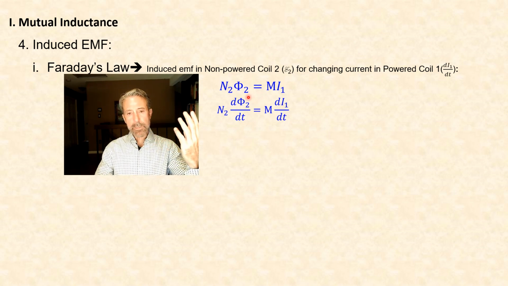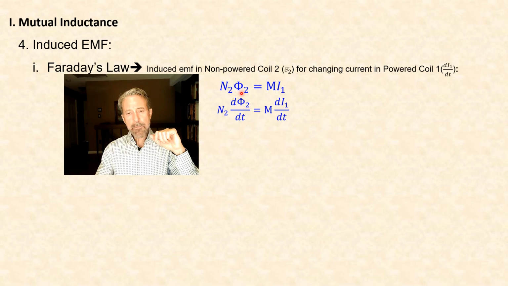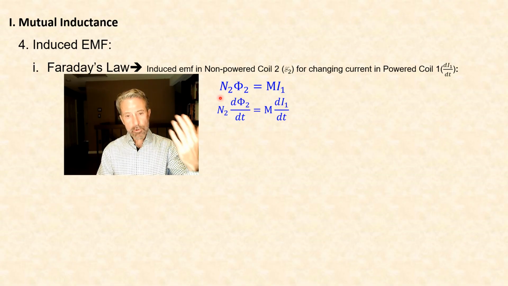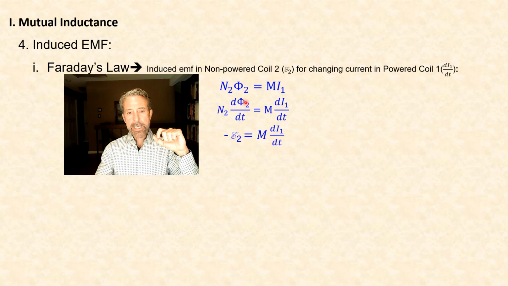You'll notice that the left-hand side of this equation represents the time rate of change of the total flux through the non-powered coil. According to Faraday's law, this is simply the magnitude of the induced EMF in the non-powered coil, with the exception of the minus sign, which as we know is what we refer to as Lenz's law.